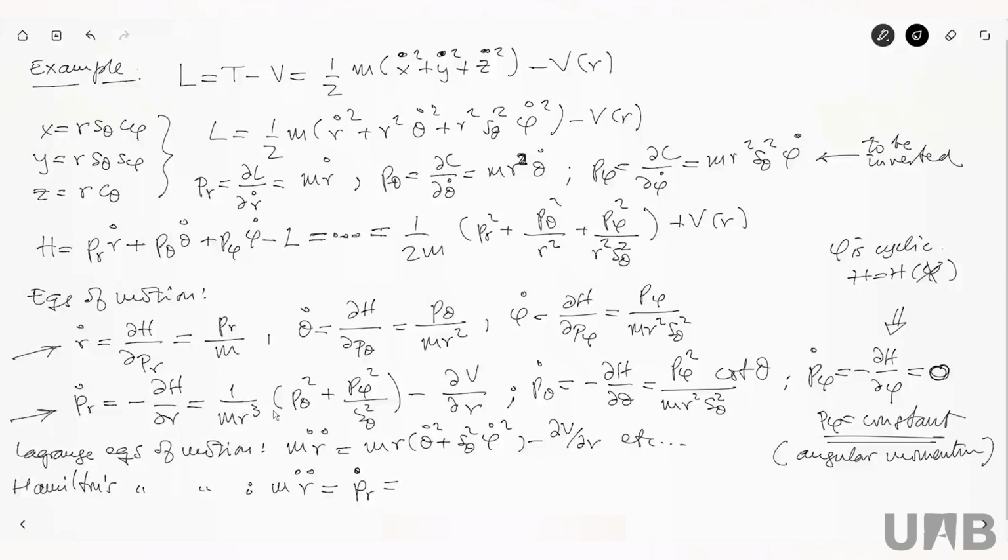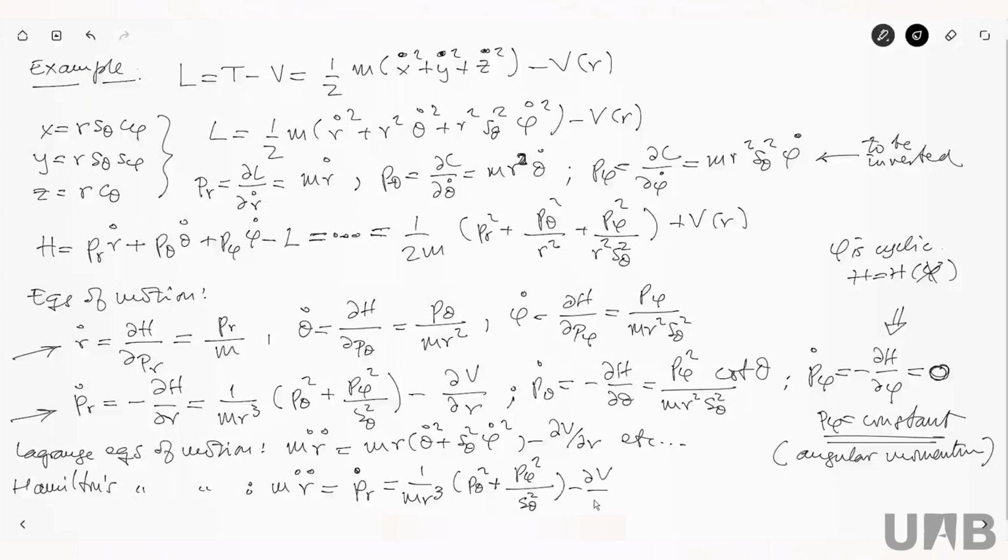If I replace p theta by what it is, p theta is here, written in terms of theta dot, and p phi is here, written in terms of phi dot. Then I find, before replacing, 1 over m r cubed times p theta squared plus p phi squared divided by sine theta squared, minus dV/dr.